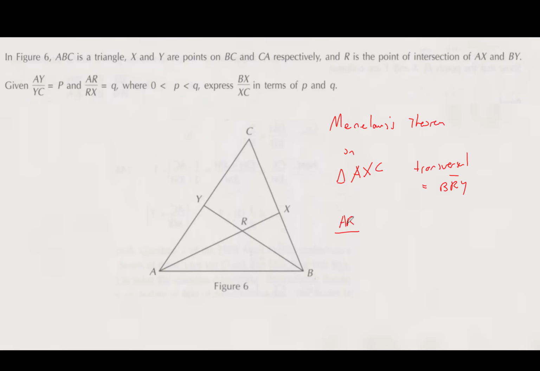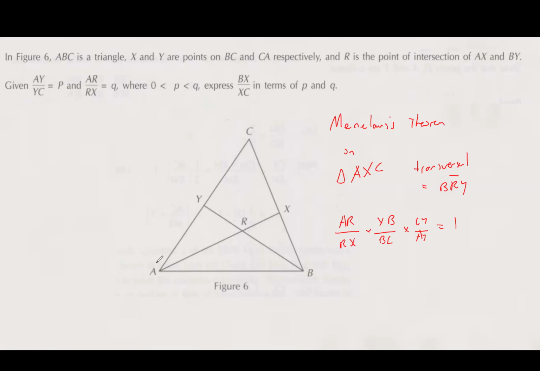This tells us that AR over RX multiplied by XB over BC multiplied by CY over YA equals 1, right?